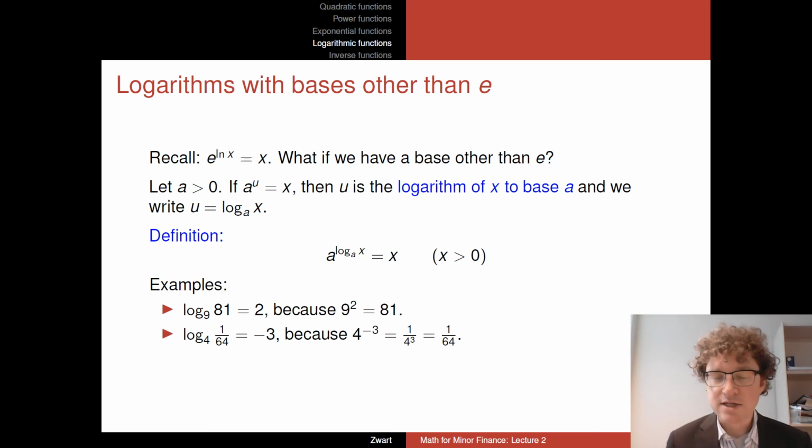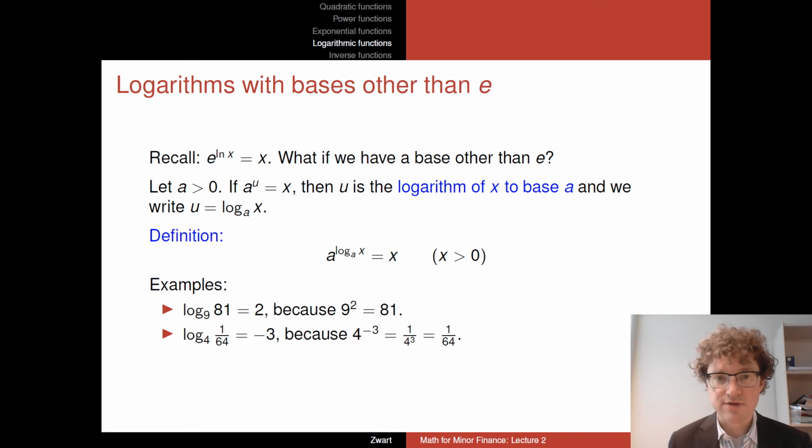But you might imagine that sometimes we're also interested in a base which is different from e. In particular, we might have any number a which is bigger than 0. Now the definition is: if a to some power u equals x, then we call this number u the logarithm of x to base a, and we write u is the a log of x.